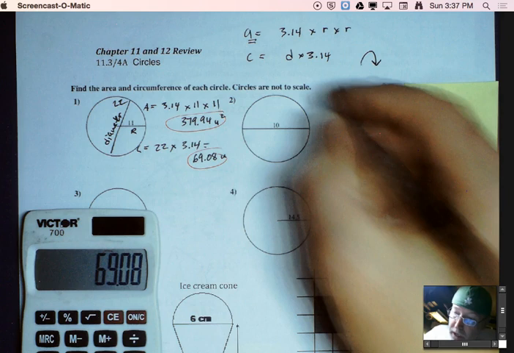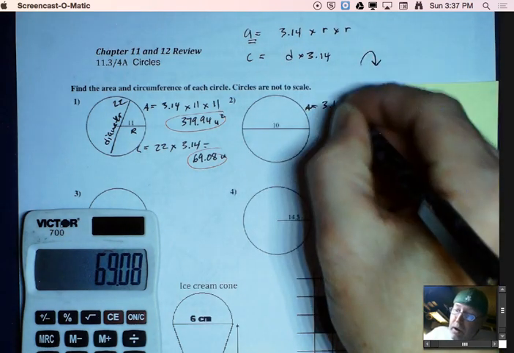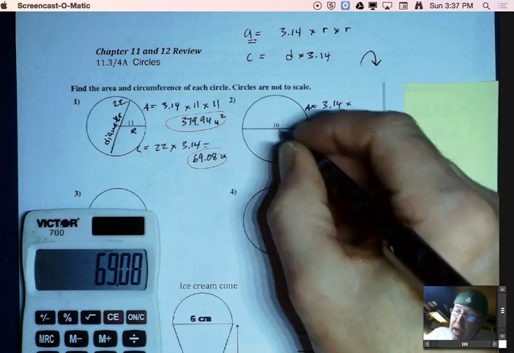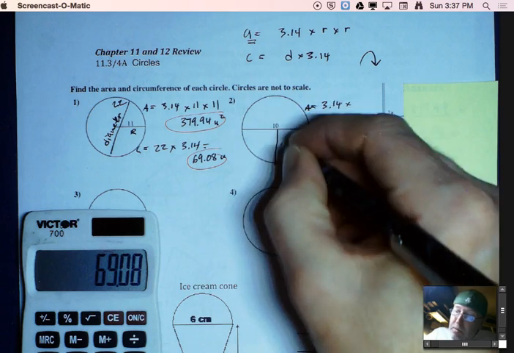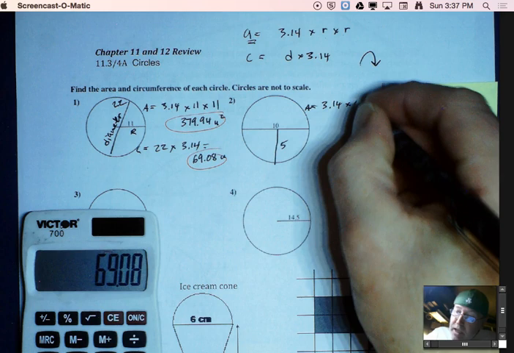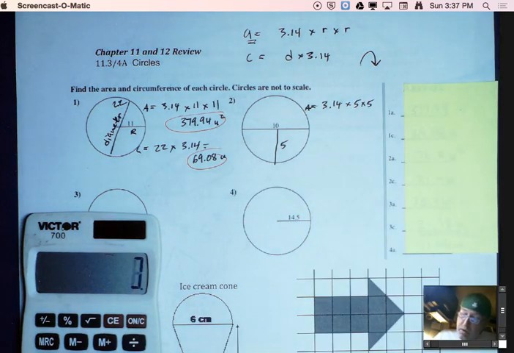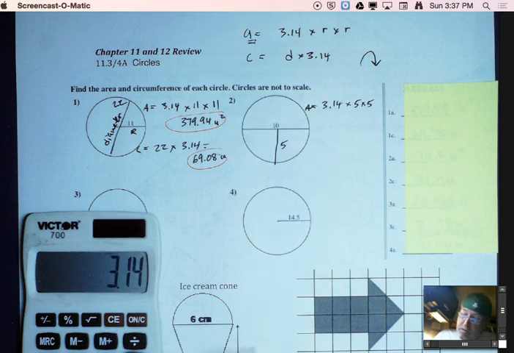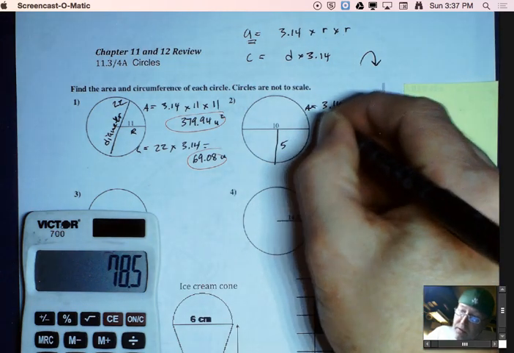Again, I'm going to write area is equal to 3.14 times, okay, now I have a diameter. If the diameter is 10, the radius is going to be 5. So times radius times 5 times 5. 3.14 times 5 times 5 is equal to 78.5.